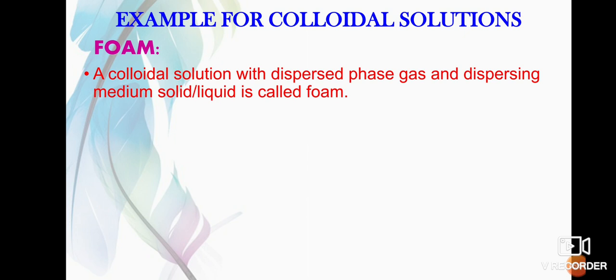Means bubbles appear on top of the water in the form of gas. But here we have used solid, surf, and the water to make a foam. This is one type of colloidal solution, and we can take shaving cream as an example also.